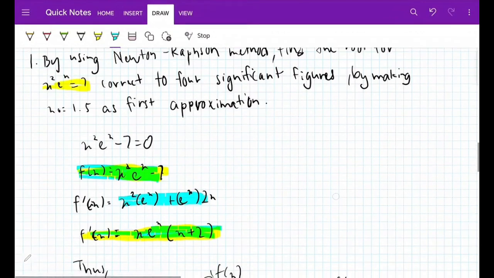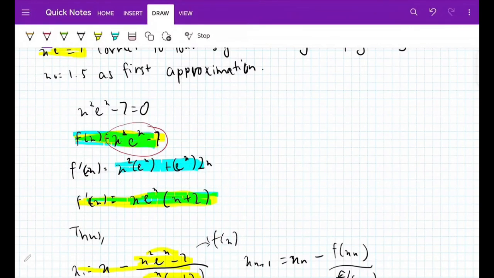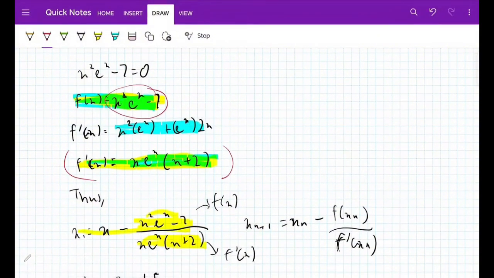Okay, so once we've done this, the next step is to find the derivative of this function. By using product rule, we will get somewhat this as our derivative. We use product rule, we simplify it, and I just factored it and I get this.